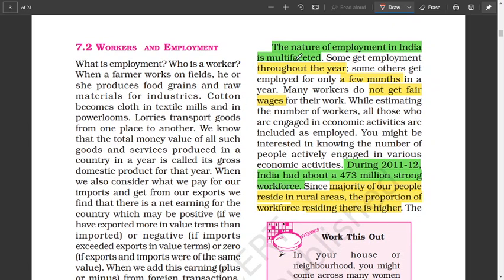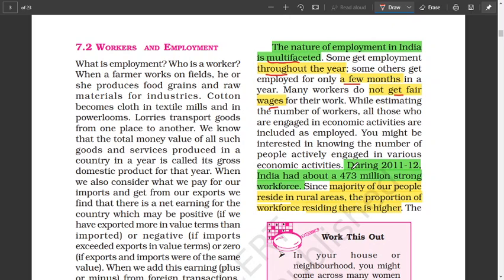The nature of employment, if you look at India, is multifaceted. It has different types, different layers, different dimensions. Some get employment all throughout the year, some only for a few months, and some may not get fair wages for the work. They are paid below their actual potential capacity.